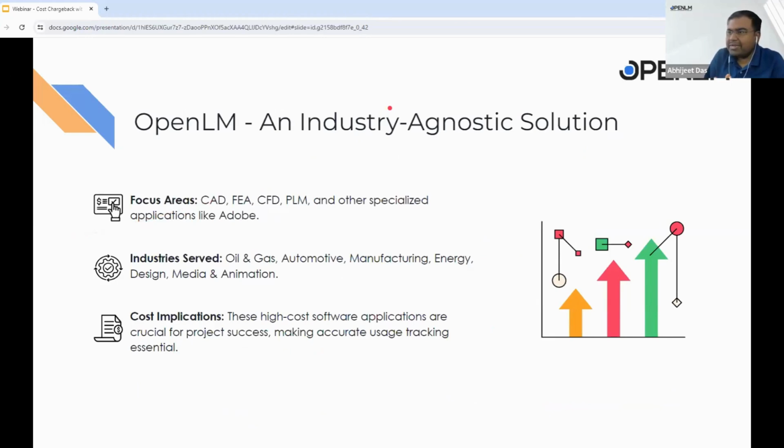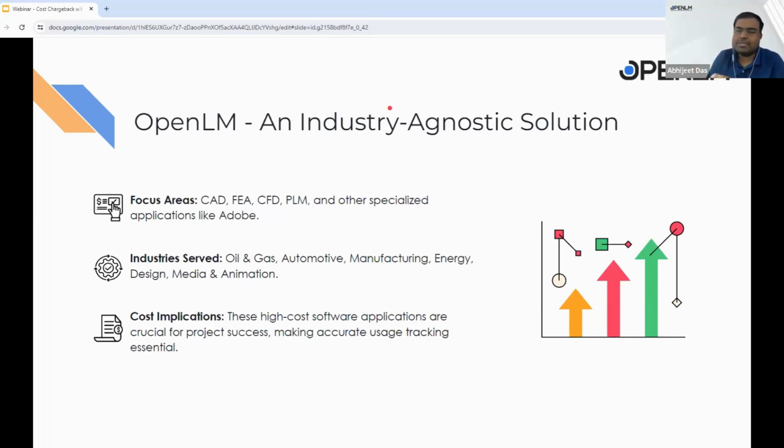Now, OpenLM is an industry agnostic solution, right? Here our focus is on engineering applications, the CAD, FEA, CFD, PLM, or other specialized applications like Adobe or named user applications, right? We serve different industries, and it is one of the best solutions, I would say, in oil and gas, automotive, manufacturing, energy, design, media, animation.